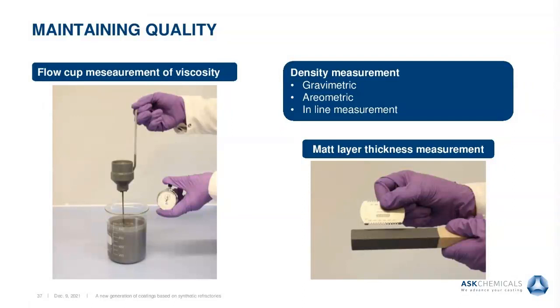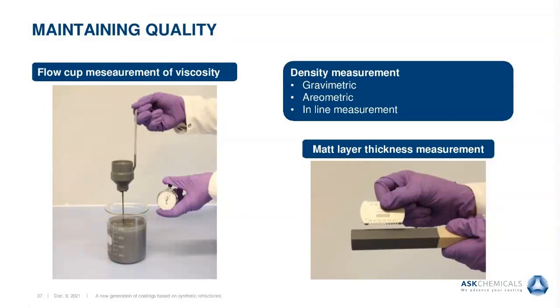To measure the gravimetric density is a very good measure because you can see if, for instance, in the application, the dilution was right, or if there's some sedimentation in the dip tank or in the flow coating tank.